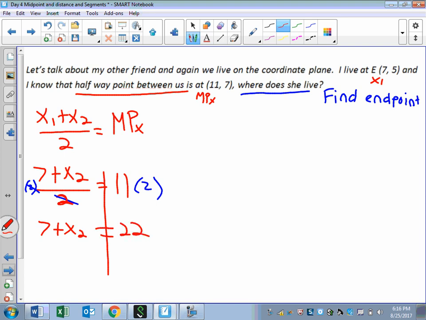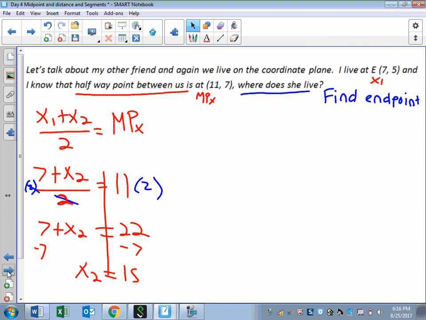Now we can just solve to figure out what that x point is. Minus 7, minus 7. The second x point where my friend lives is 15. So we got the first piece of the puzzle. So we write that up here: x is 15.